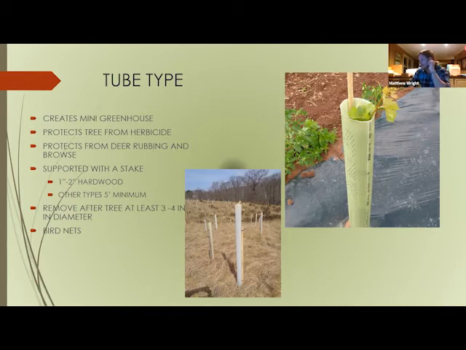But at the same time, you want the tree to at least be large enough that the deer aren't going to really rub on it. I've seen deer rub on a lot of trees, some that I'm confused as to why they would be rubbing on those particular trees.